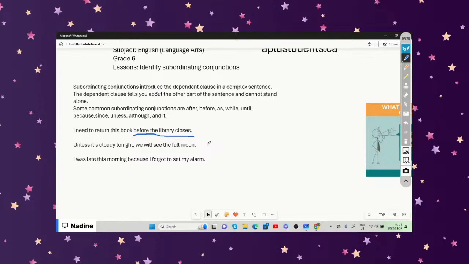So unless it's cloudy tonight, we will see the full moon. So we will then say unless is our subordinating conjunction and our dependent clause is unless it's cloudy tonight.